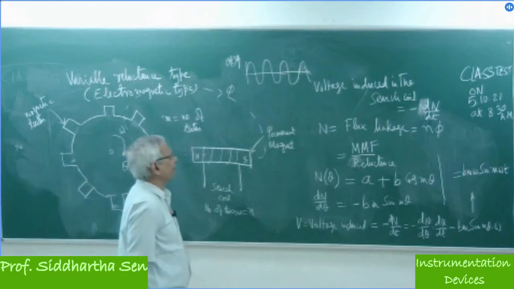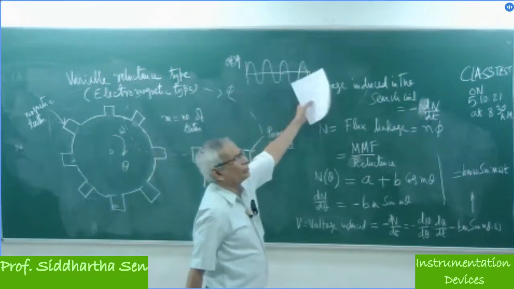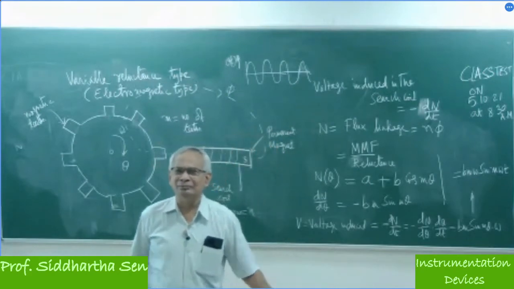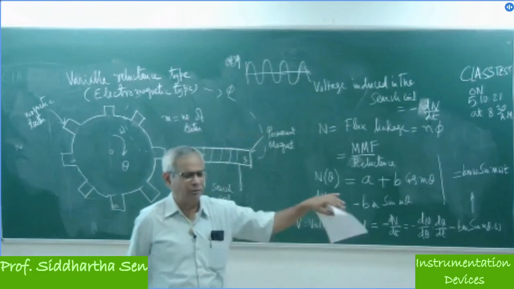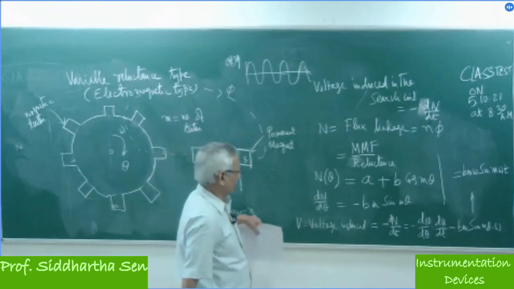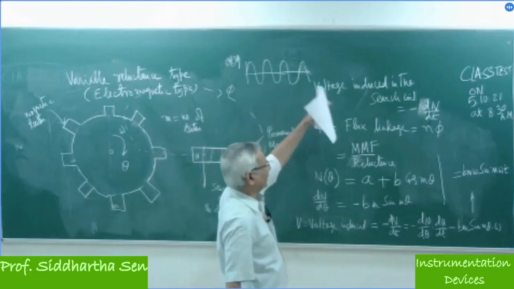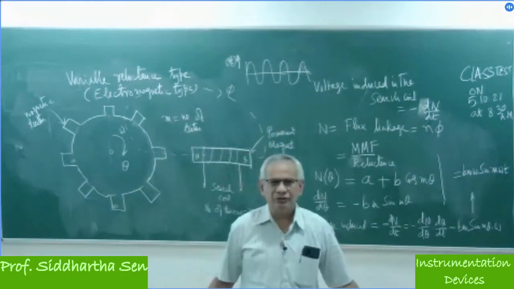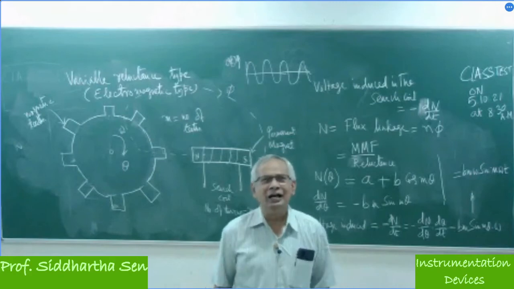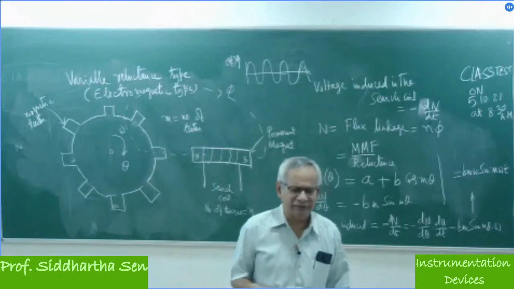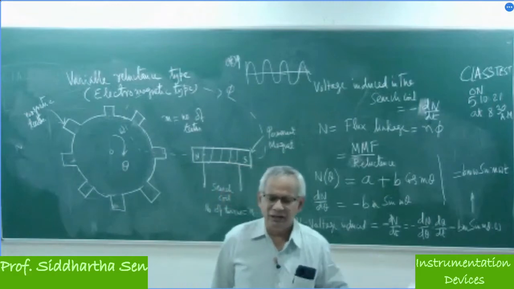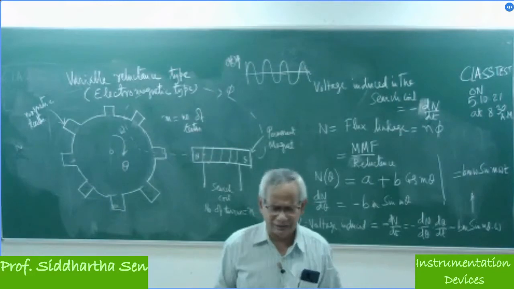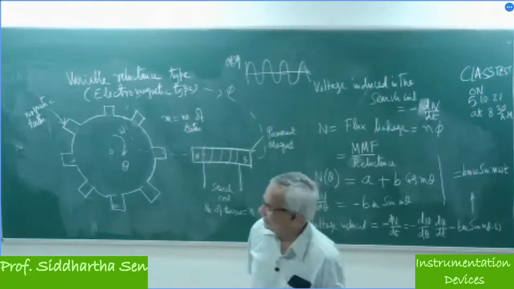So the best way is that you pass it through a comparator, get a square wave, and pass it through a counter for the number of zero crossing detector pulses you receive from the zero crossing detector there. So this is the way, normally, it's a nice way, both the reluctance type or you can say the variable capacitance type. One is this could be used nicely for speed measurement.